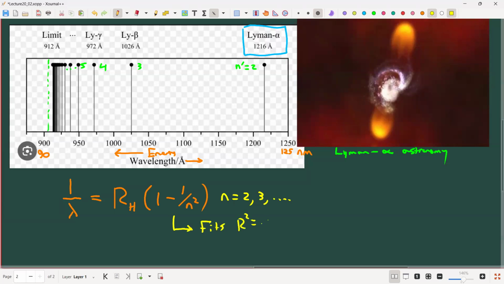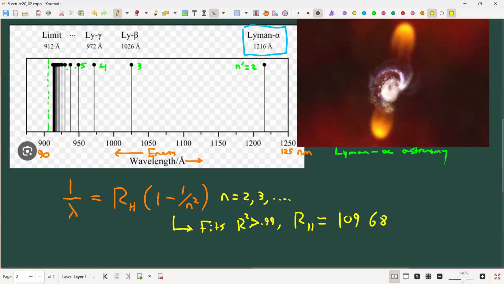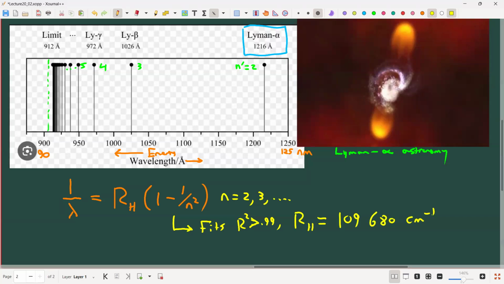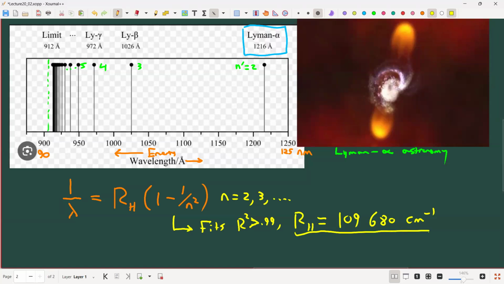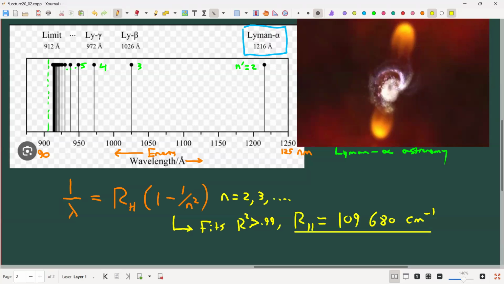Well, it fits with an R squared of roughly greater than 0.99. And he measures that R sub H, this constant, in modern units is 109,680 wave numbers. So he shows that this fits perfectly, and it gives you this number.